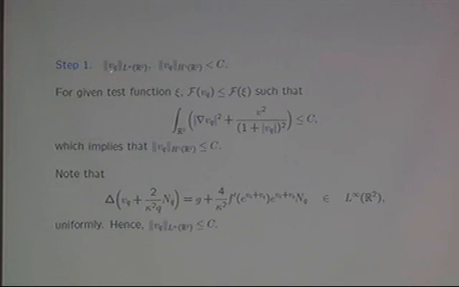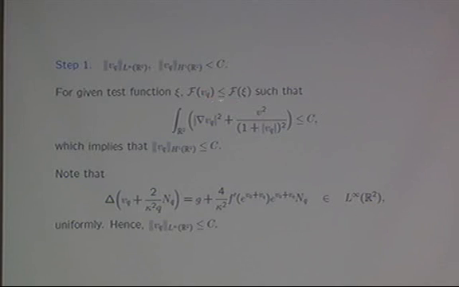In the first step, we show this estimate. For any given test function, we have this inequality because VQ is a minimizer.